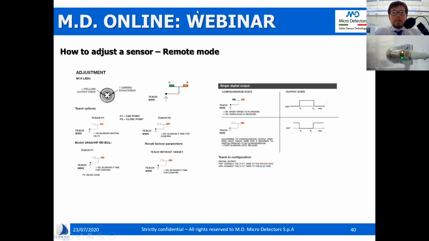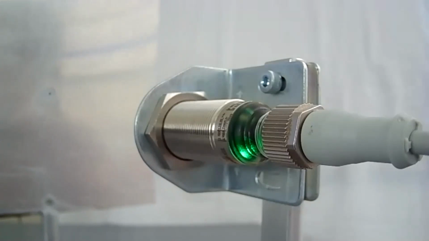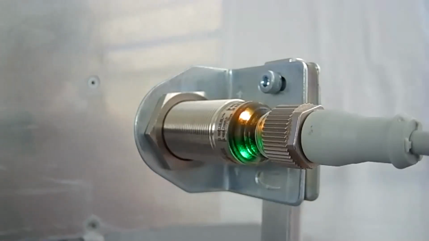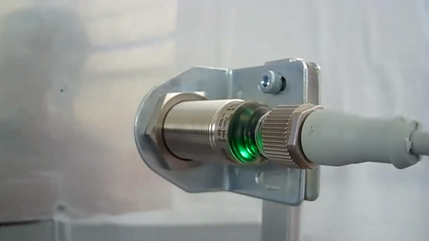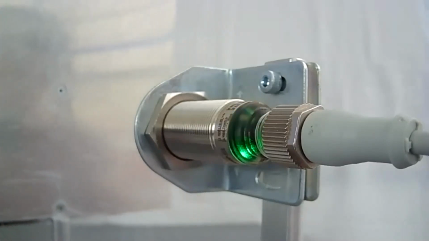Now we can see practically how it works. Here you can observe that Giovanni has changed the sensor. Now we have a UK6 with digital output.